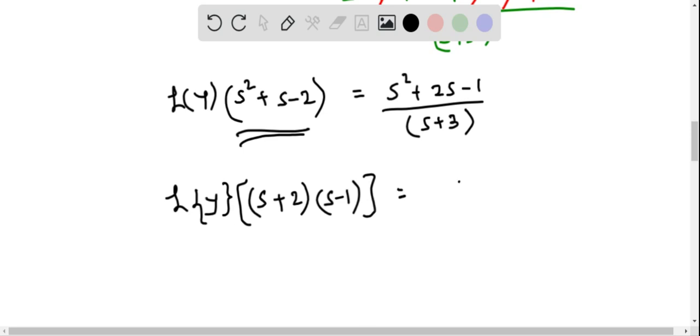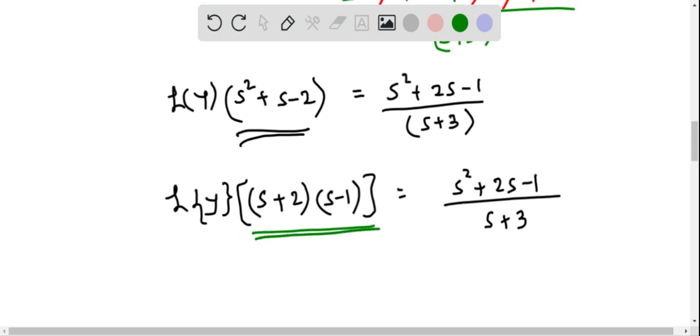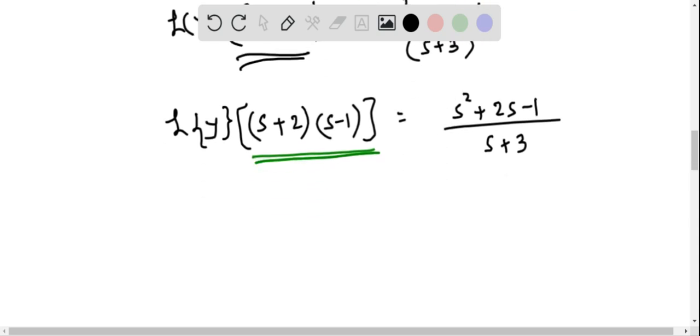And this equals s squared plus 2s minus 1 over s plus 3. We will now divide both sides by this expression, that is s plus 2 times s minus 1, so that we will have only Laplace transform of y on the left side.